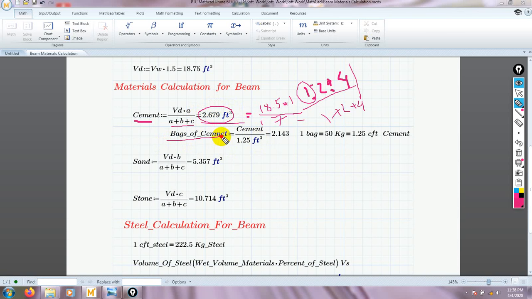This is the volume of our required cement. After that, we'll calculate the bags of cement, I mean how many bags of cement are required.